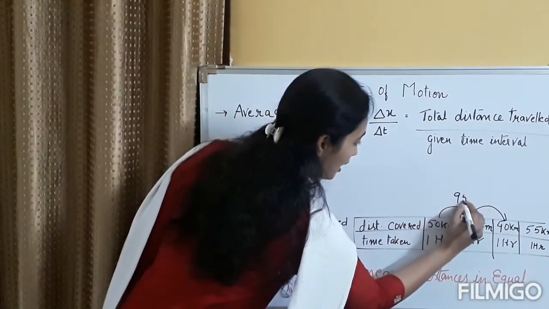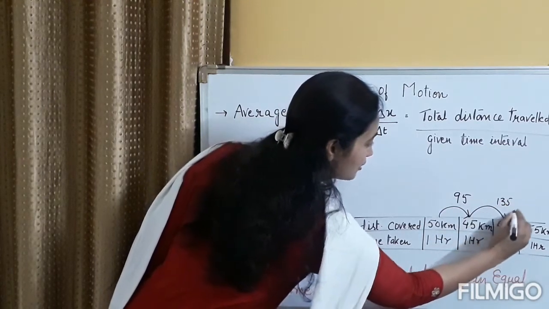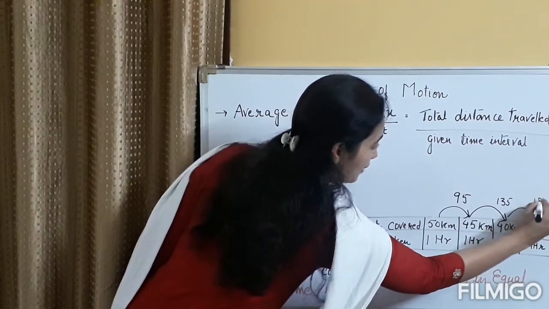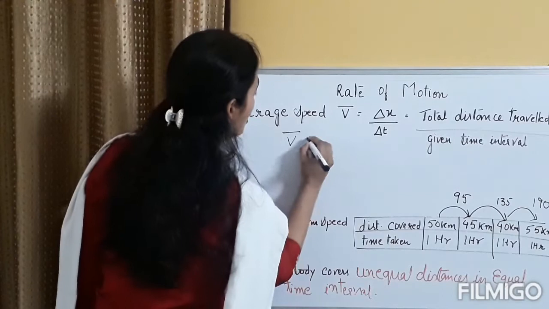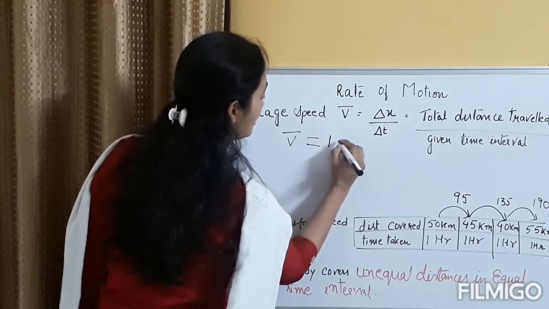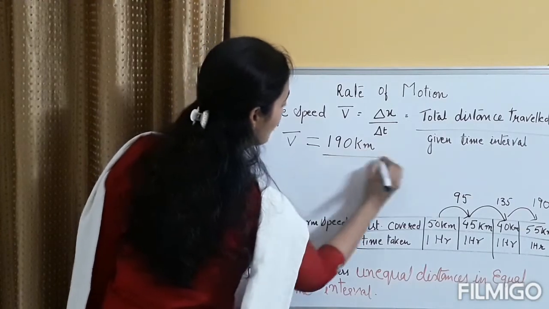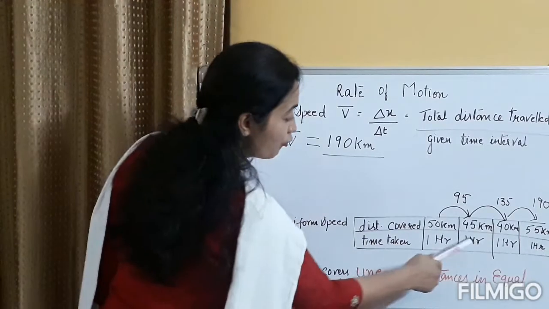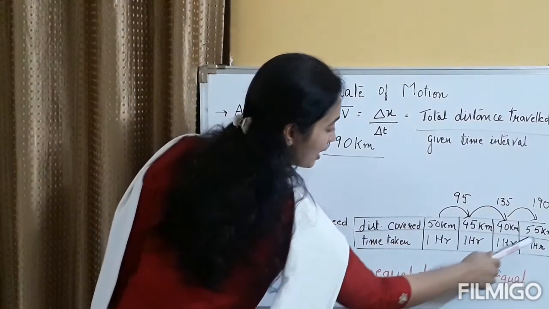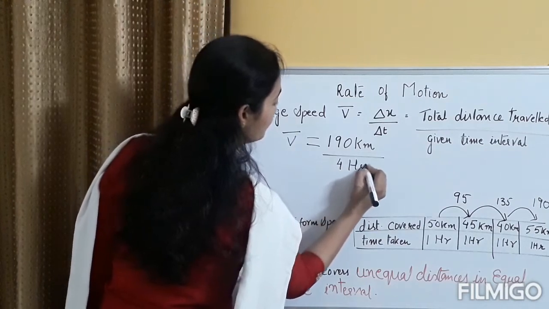This is 95. 95 plus 40, 135. 135 plus 55 comes out to be 190 kilometers. So the total distance travelled is 190 kilometers. And what is the total time taken to cover that distance? 4 hours. 1 plus 1 plus 1 plus 1. Total duration is 4 hours.